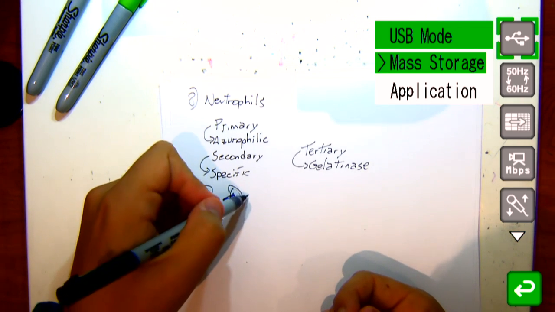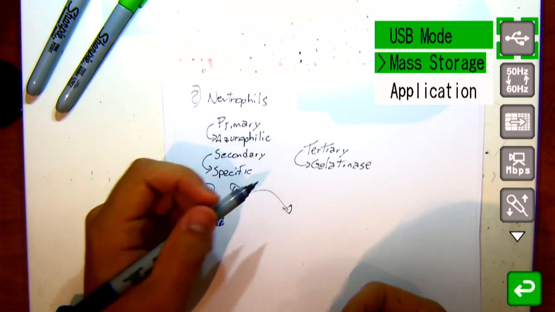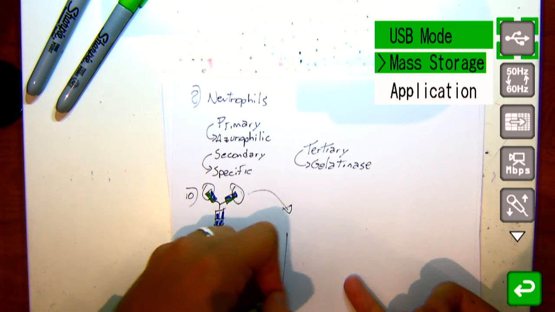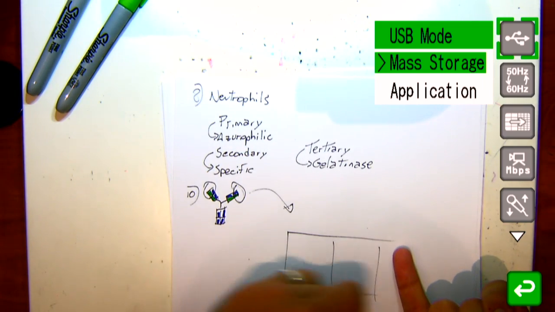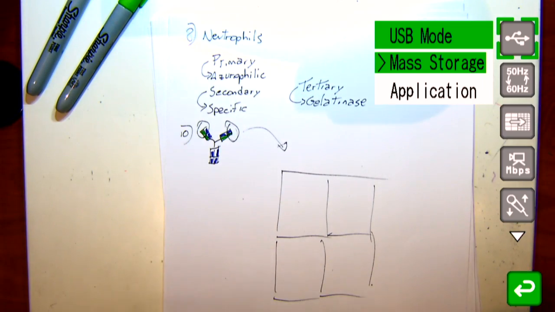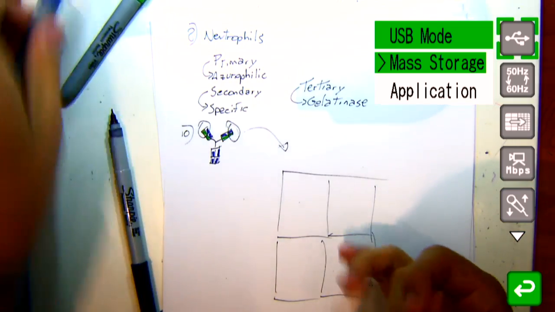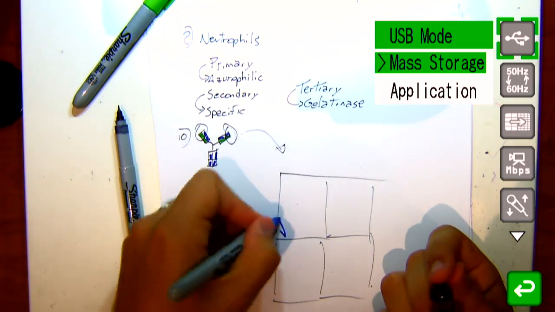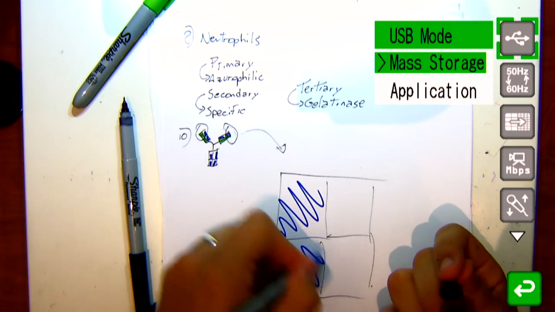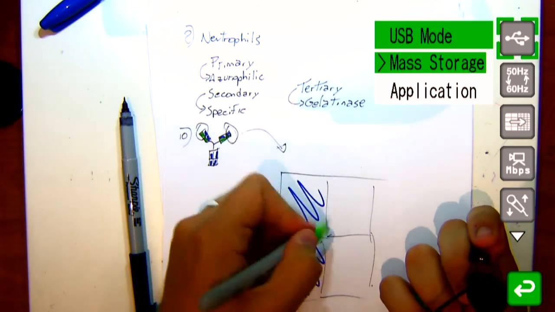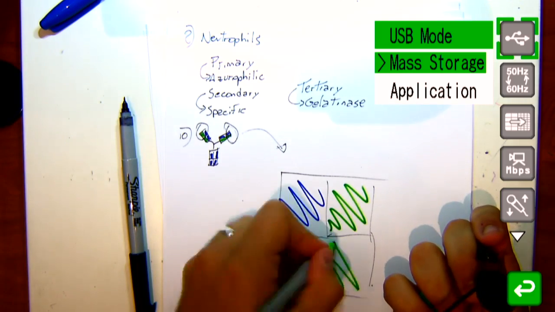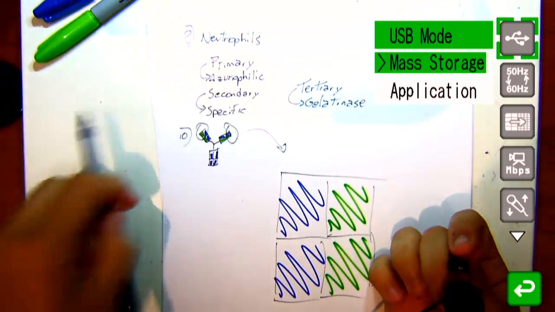If you zoom in on this, you're going to have this big structure. So this is the heavy chain, and this is the light chain.